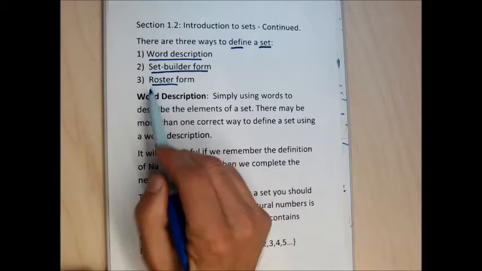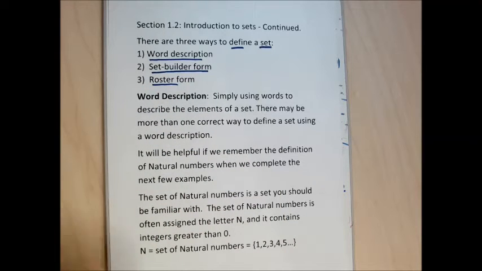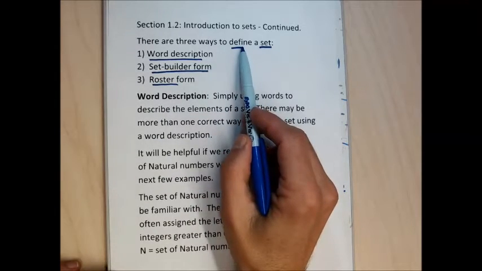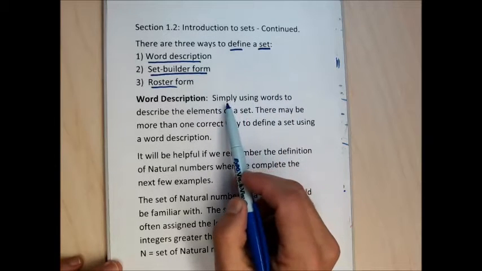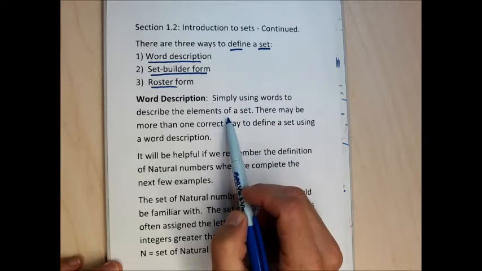You don't need to know what any of these words mean just yet. We'll go through and do some examples, and then you'll probably understand what the words mean, because they're not that complicated. A lot of what we do in chapter 1, in fact the whole class, there's nothing that's too complicated. If I wanted to define a set using a word description, that's just using words to describe the elements of the set.